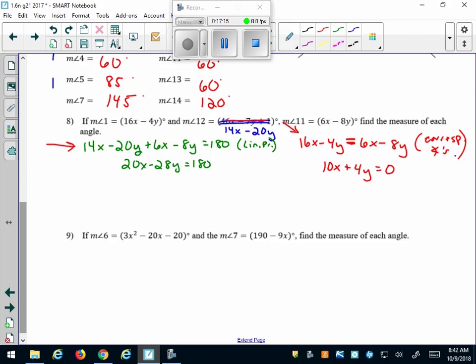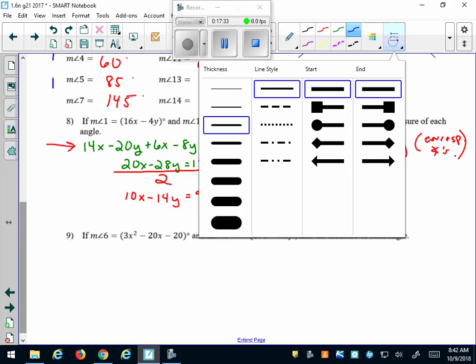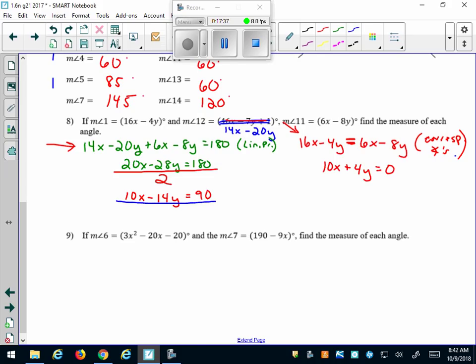At this point I think I can divide this whole thing by 2. It might make my life a little bit easier. Divide by 2, I'm going to get 10x minus 14y equals 90. Oh, look at that, I could divide even further. So I can divide everything by 2 again, and I'm going to get 5x minus 7y equals 45.